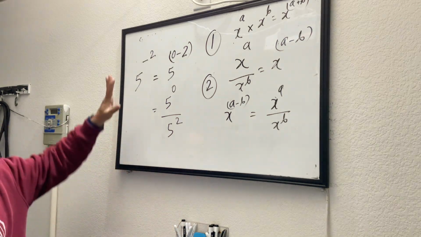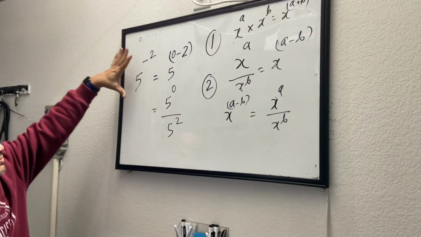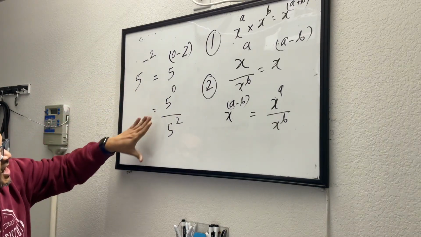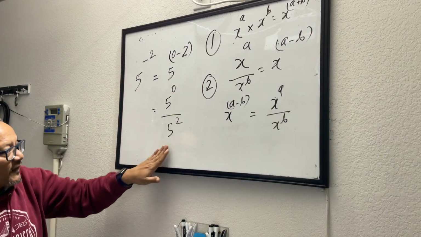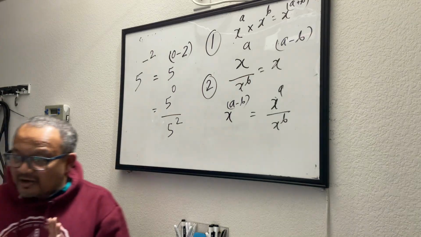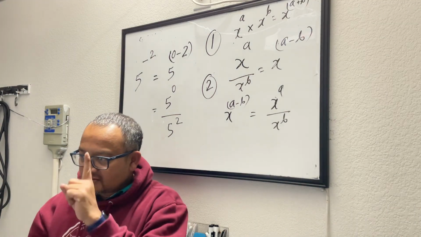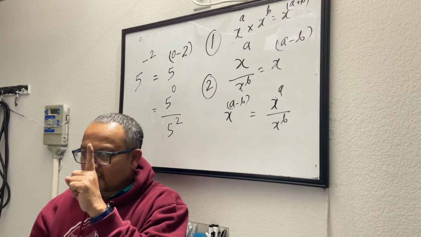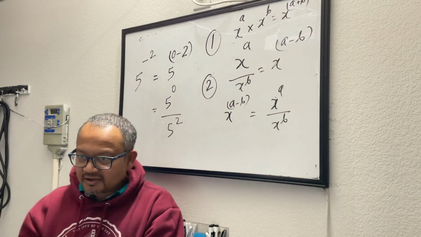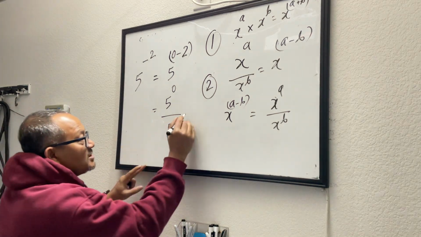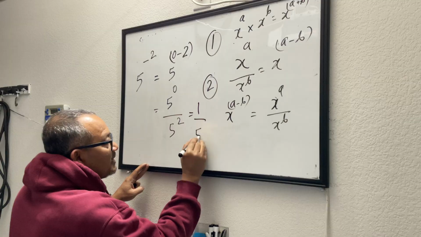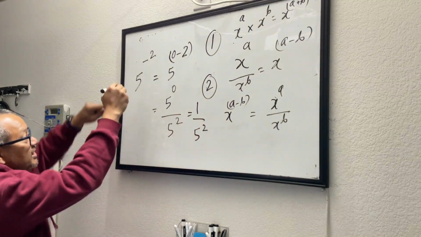So now, what is happening is 5 to the power minus 2 became 5 to the power 0 divided by 5 to the power 2. What does 5 to the power 0 mean? A 1. Yes, Sohina, agree? So 5 to the power 0 is 1. Look at this whole journey.